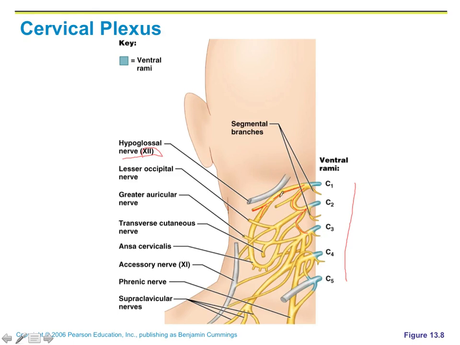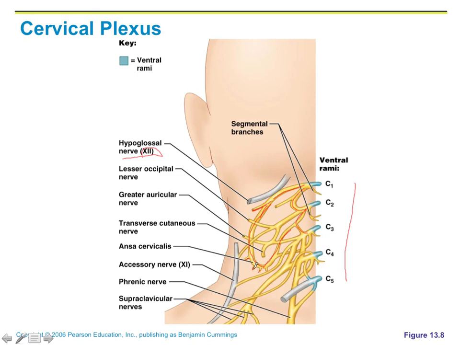Then C1 sends a huge branch to link with the C2. From here, it also sends several nerve branches.